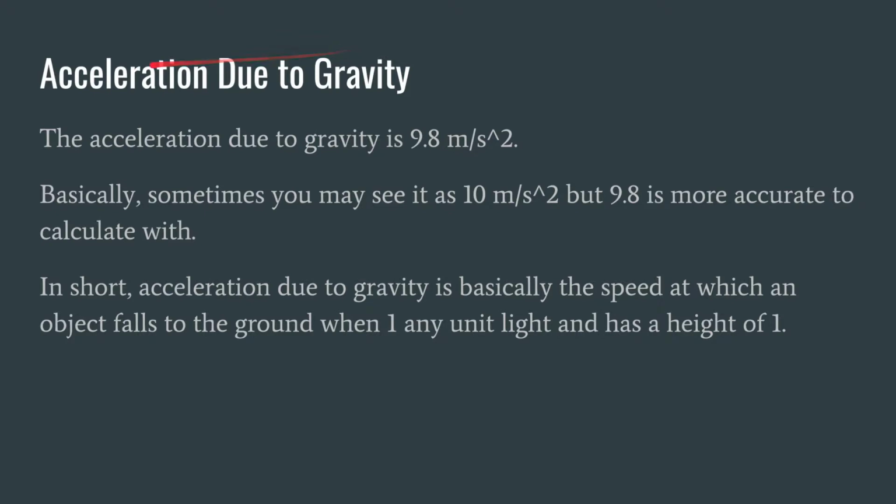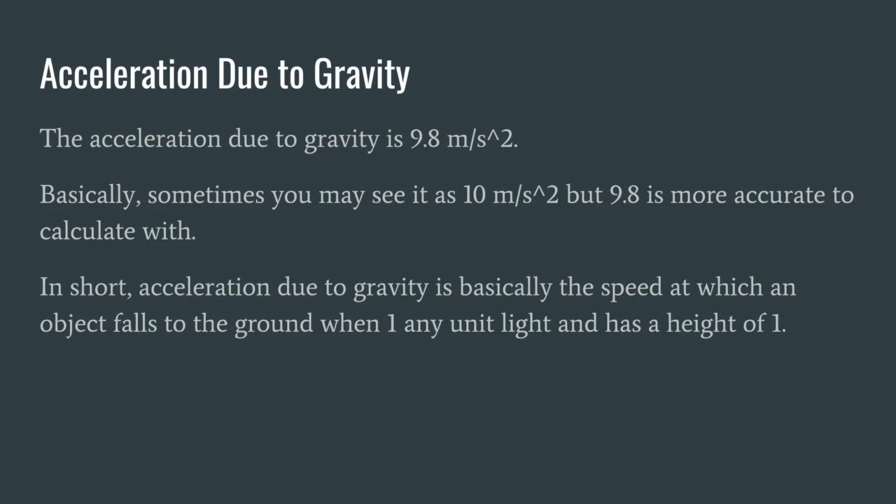So let's talk about acceleration due to gravity. This is a new thing. The acceleration due to gravity is 9.8 meters per second squared. We will be using that when we're calculating potential energy, and this is very required. You may see it as 10 meters per second squared, but 9.8 is more accurate because it's 9.8 and some digits of decimals.